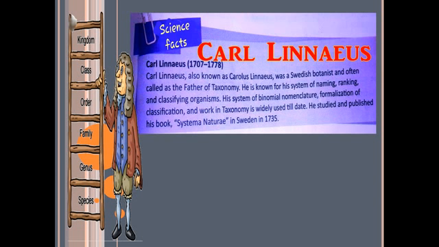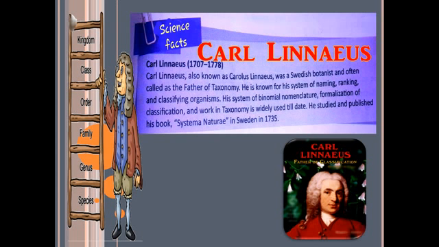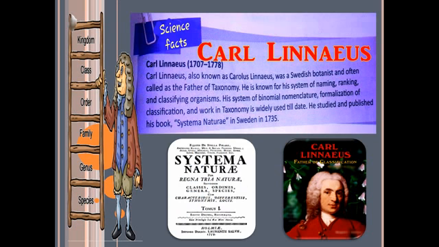He published his book Systema Naturae in Sweden in 1735. A very famous book written by Carl Linnaeus, the father of taxonomy and classification. And this is the book written by him about the classification of organisms.